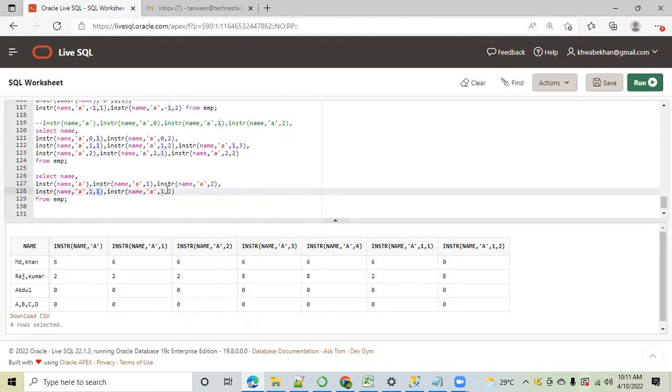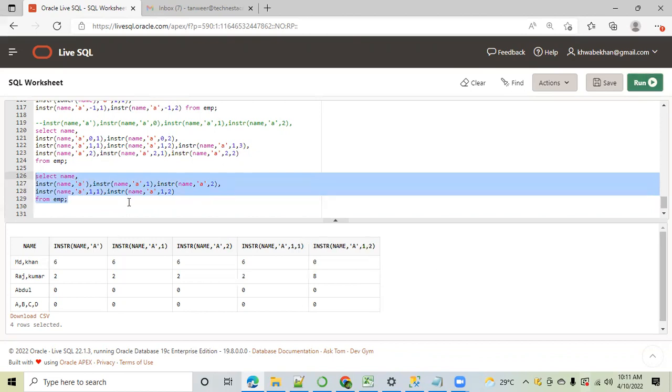Is the fourth argument clear? Yes, the fourth argument is telling about the number of occurrences. Then for the fourth argument I mentioned 1. It means I am searching for the first occurrence. Here I mentioned 2. I am searching for the second occurrence. Let me show you the data again.